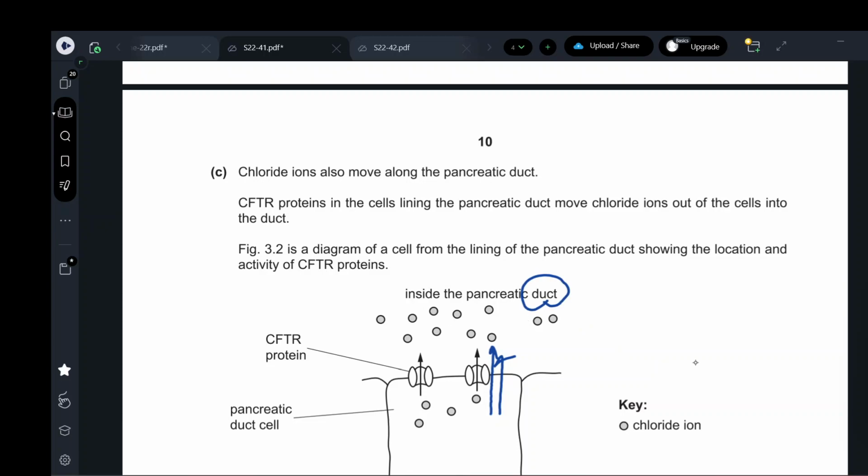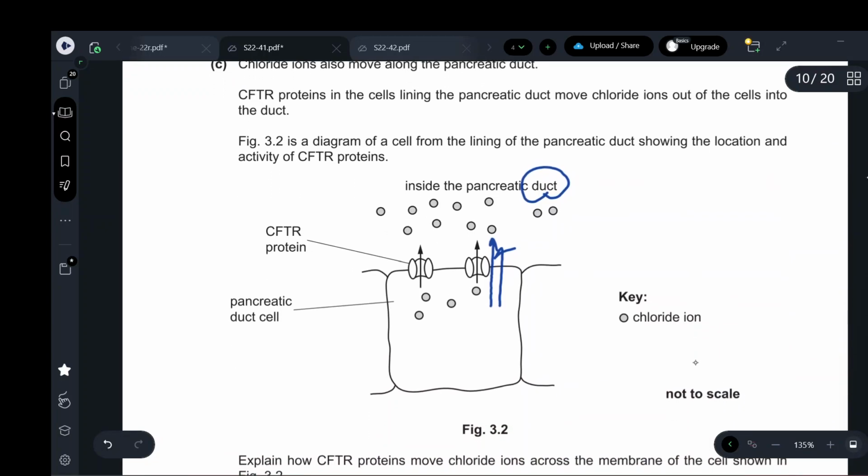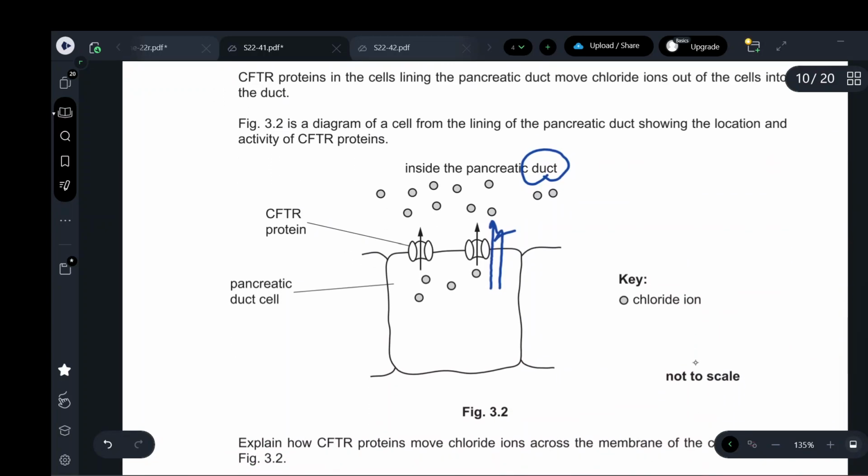This is the diagram of a cell from the lining of the duct showing the location and the activity of the CFTR proteins. The question was, how do the chloride ions move across the membranes? I have two hints in the picture. The first hint is that I can see the molecules passing through the proteins in the cell membrane.